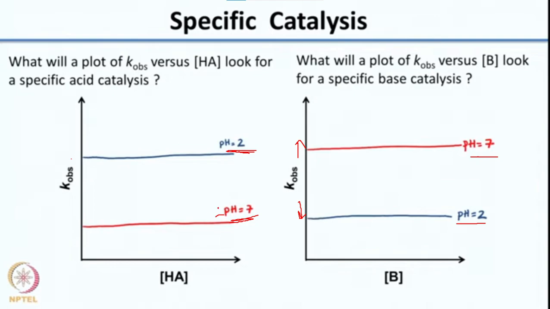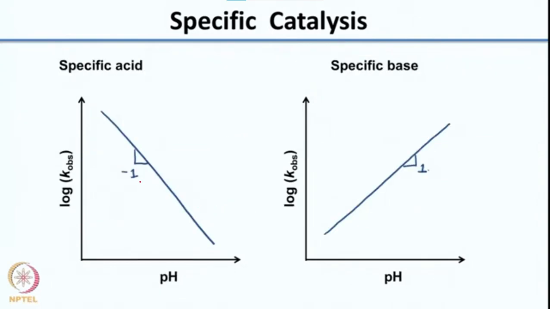Remember the relation. So it will give you a negative slope, that is minus 1. Now talking about specific base, when the pH increases, the log k observed value also increases. So that will give you a positive slope of 1. So this is the relation between specific acid with pH and specific base with pH.